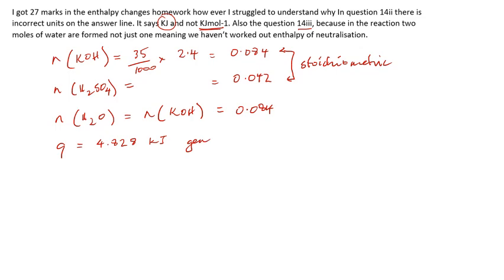So this heat was generated by making 0.084 moles of water. That's what we worked out, and then we're asked for the enthalpy change of neutralisation, like so, and like you quite rightly said, that's the energy to form 1 mole of water.